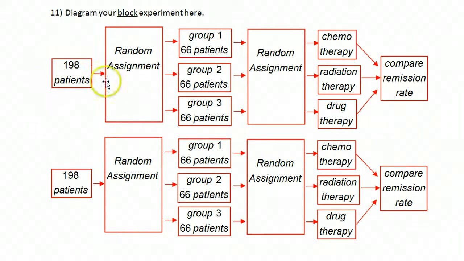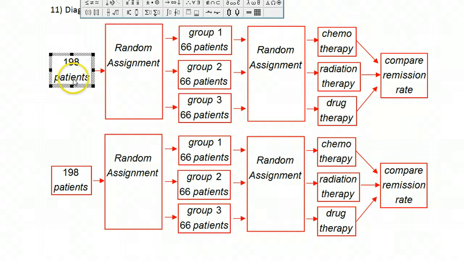So this is how a block study starts out. It's going to look identical to a completely randomized study. It's just happening twice for 2 different groups that are difficult to compare. They respond differently to the treatment. So it's like apples and oranges, and you want to separate them out.